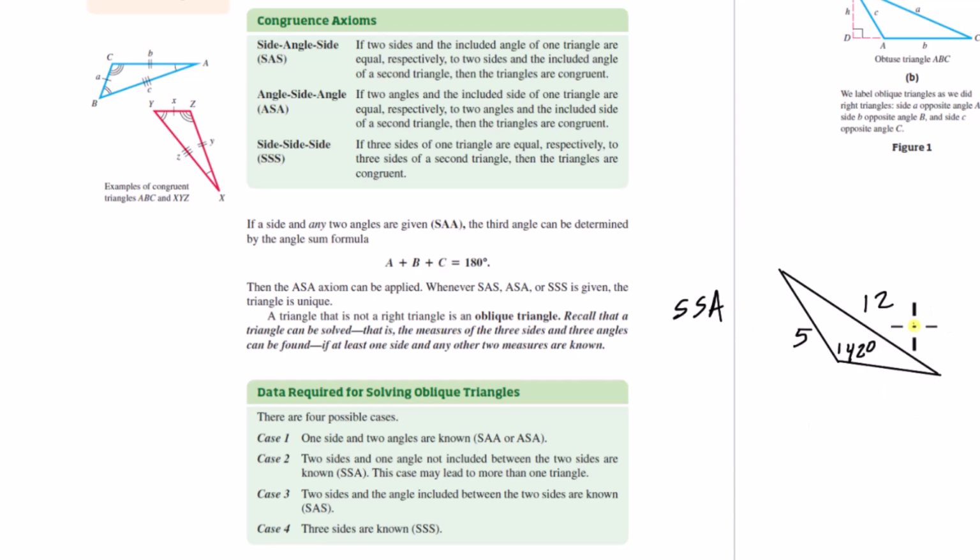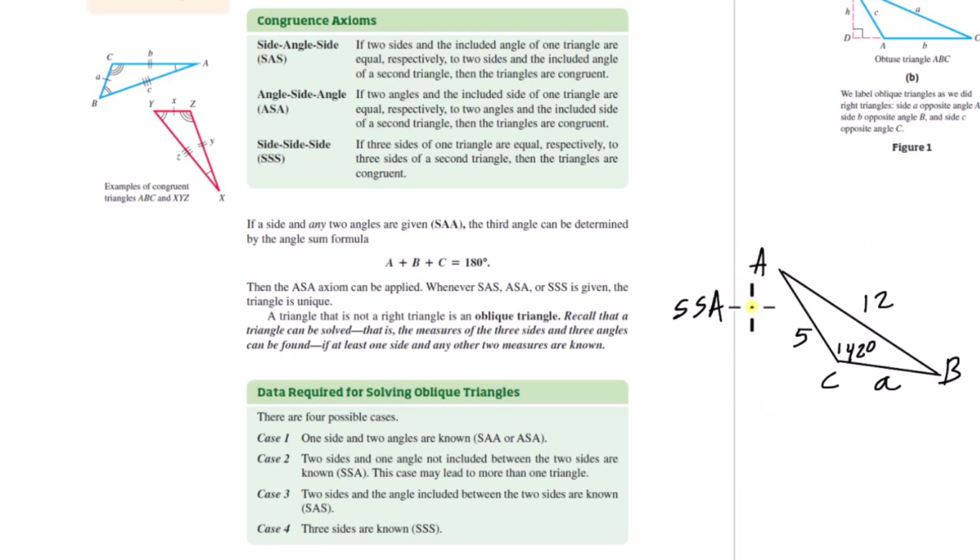If this is A, B, C, then this would be lowercase a. So you could potentially vary side length A or angle B. It's not fully constrained. However, this is a special case where there's not an infinite number of possibilities.